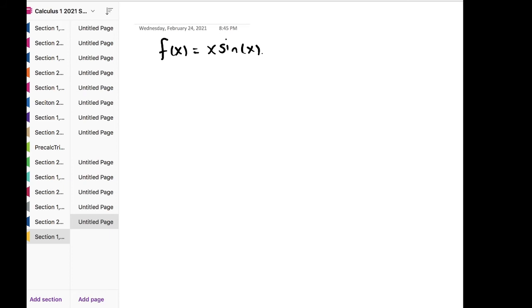So we don't have a law yet for this. So we would have to do a limit, right? But maybe you don't want to do a limit. Maybe you want to develop a rule that says if you have a product of two things, how to find the derivative of it. So that's what we'll develop.